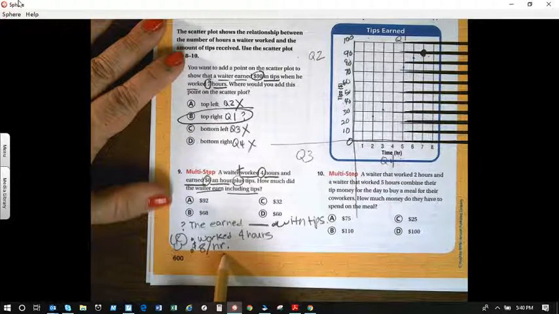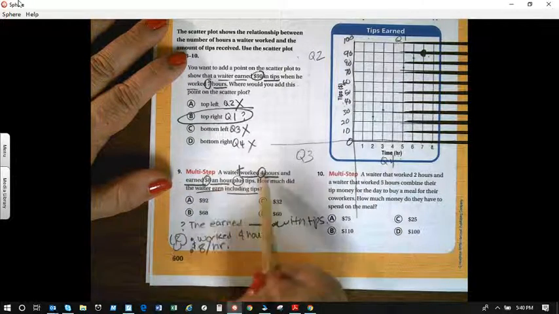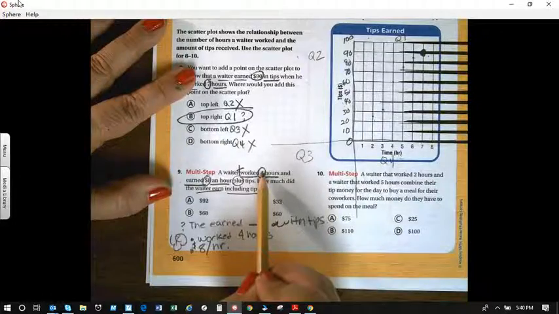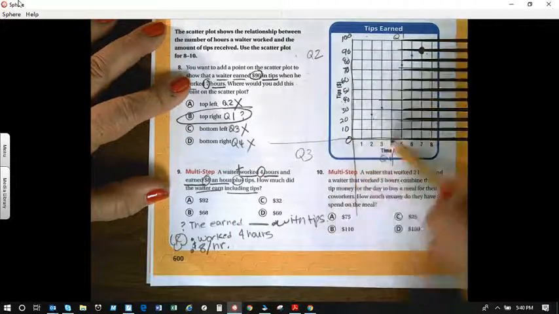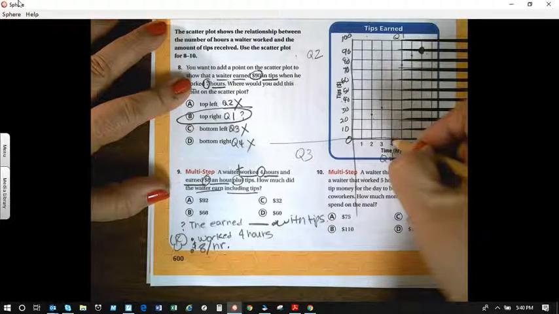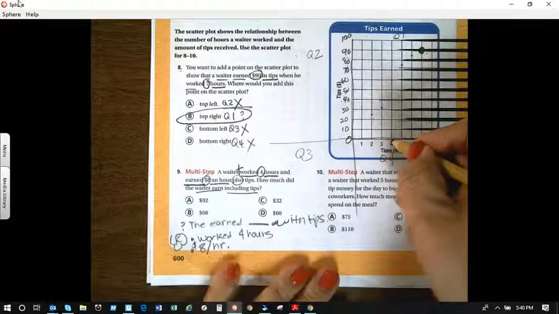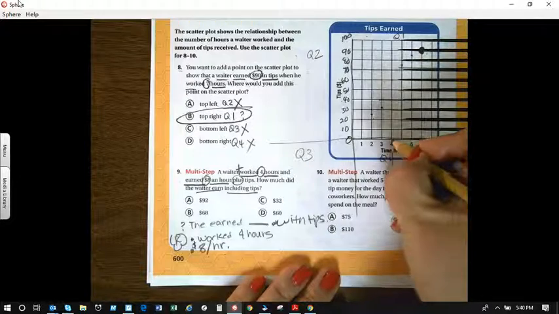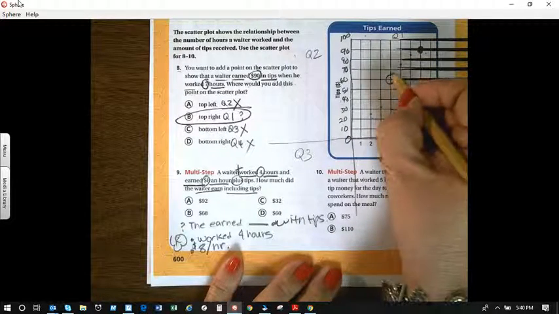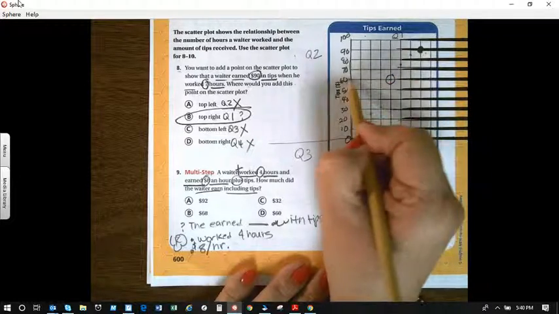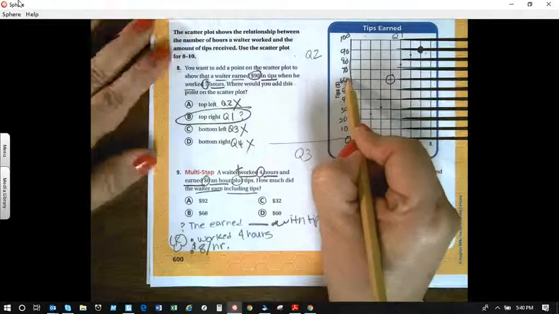Now, I'm going over here. I know they worked 4 hours, right? I'm over to my time, going across to my 4, and I'm going up and see where it was plotted. And I'm going up here, and you see this one right here? I'm going across. Well, for 4 hours, they earned $60 in tips.